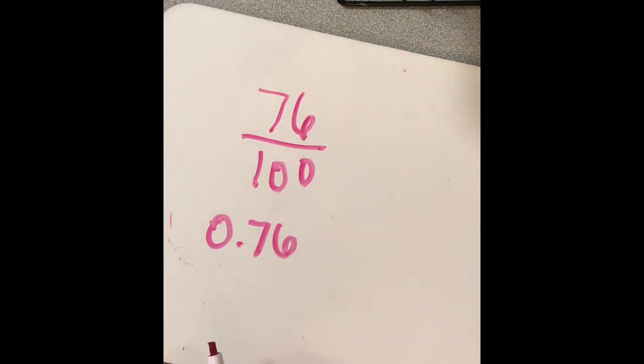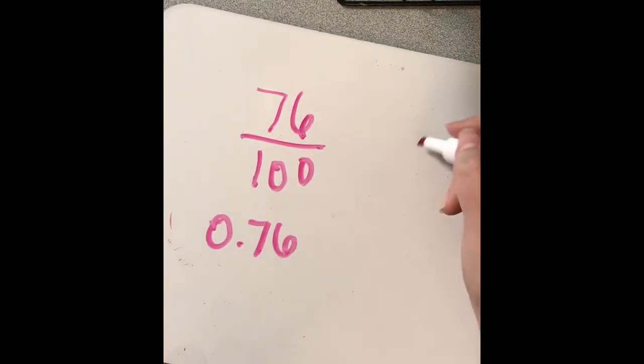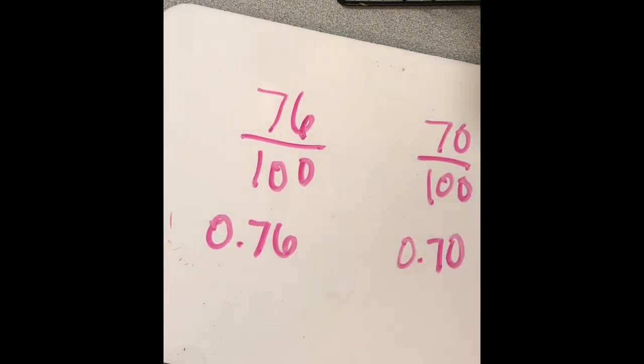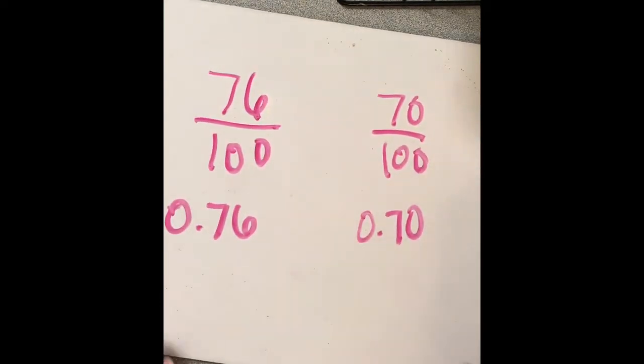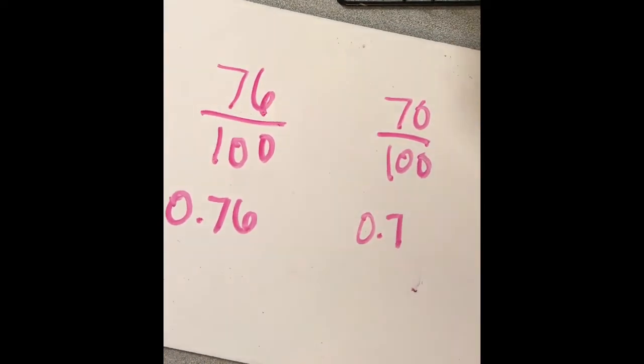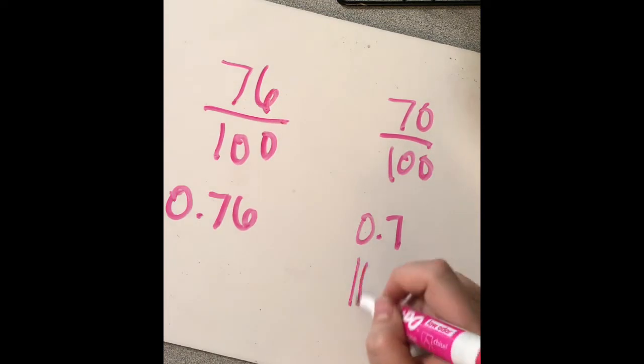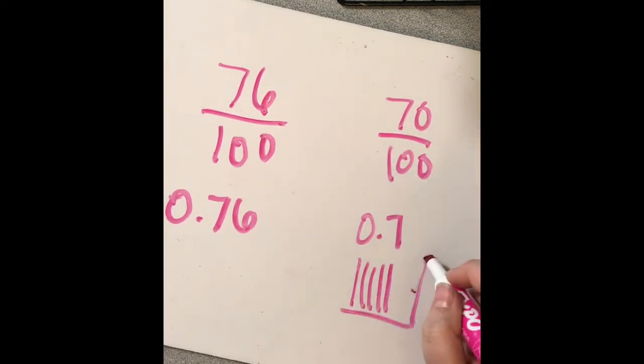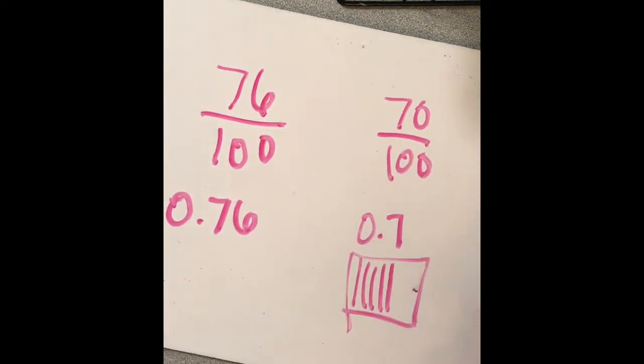And then the other one is 70 out of 100, which is 70/100. Or, can you think of another way we could write 70/100? We could just write it as 7/10, right? Because it's 7 of those lines out of 10 possible ones, right?